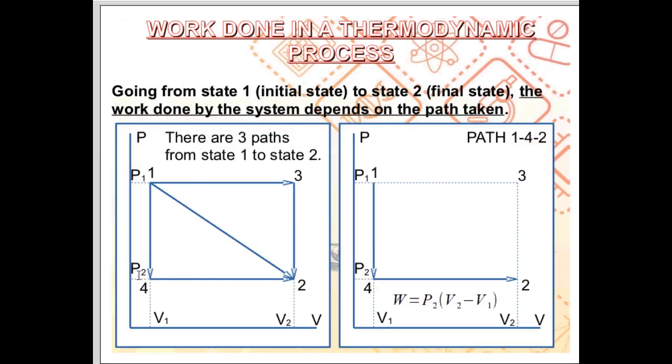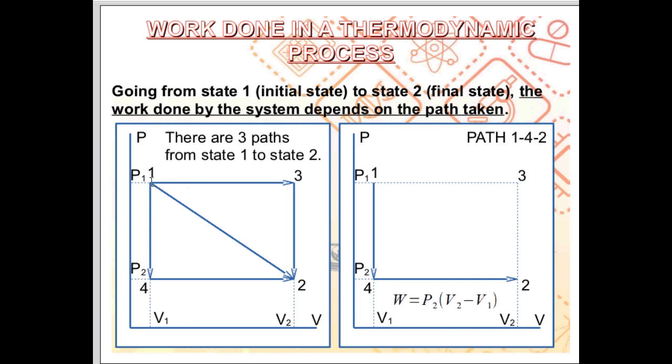Consider now the following pressure versus volume graph, which gives us four different states: state 1, state 2, state 3, and state 4. Let state 1 be our initial state and state 2 be the final state.